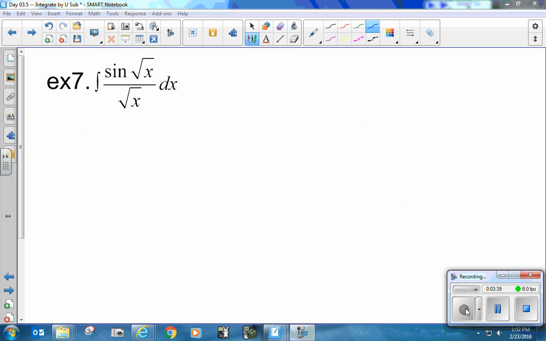All right. So, I'm going to change these right now. I'm going to say it's the integration of the sine of x to the 1/2 over x to the 1/2.